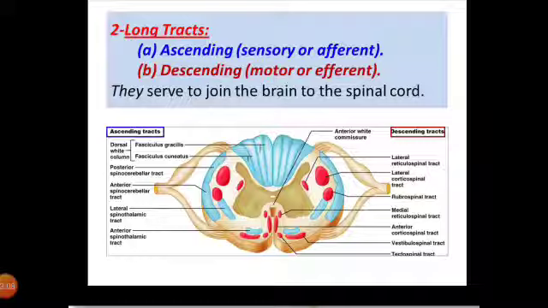Now we can see there are two types of tracts depending upon the information being carried: ascending tracts taking the sensory or afferent information, and descending tracts taking the efferent information. Here all the ascending tracts are principally marked with blue color.